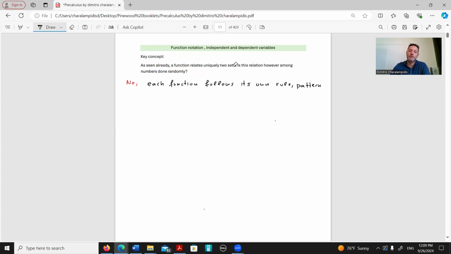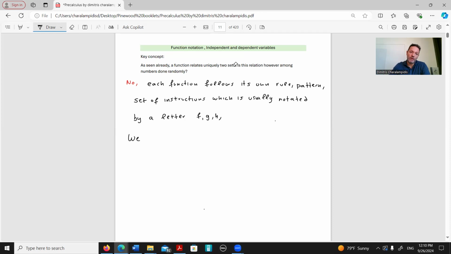I prefer to go by set of instructions, which is usually notated by a letter. Most likely it should be f, but it could be g, h, any letter.